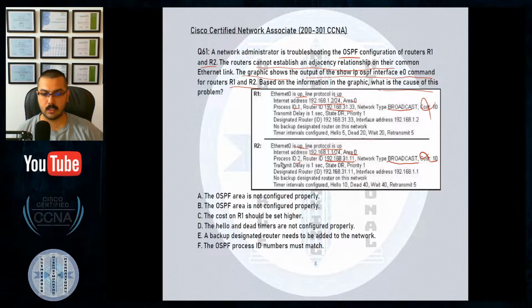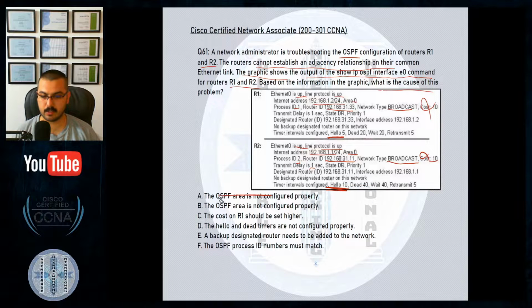Okay, that is good. Delay the same. Designated router will not affect that. And the hello timer is 5. This has been changed, and here it's 10, which is the default. Yeah, I've talked about that in the previous video. The hello intervals and the dead intervals should match between the two routers, and if they do not match, then neighbor adjacency will not happen.